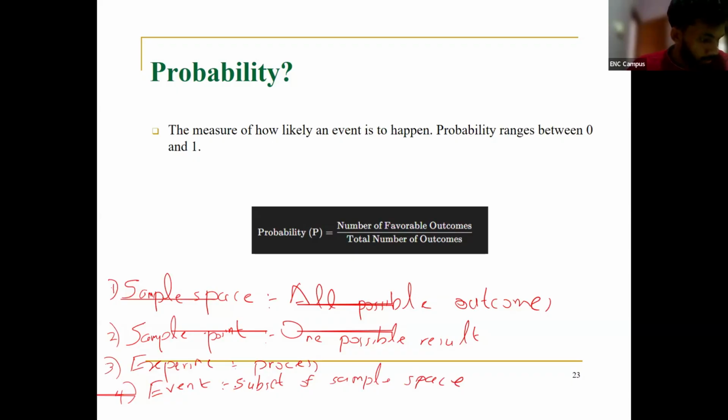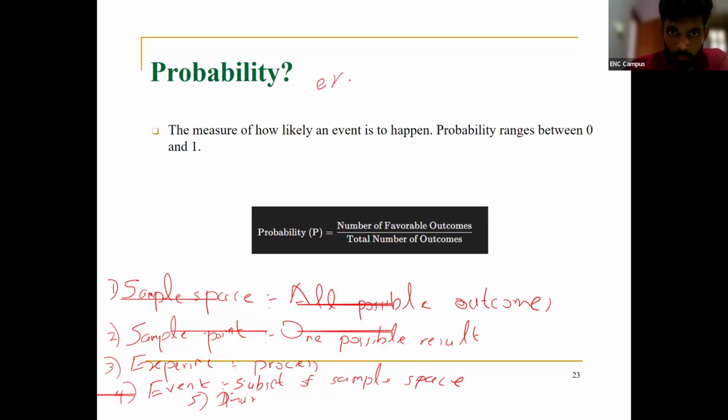The favorable outcome means our desired outcome. So: sample space, sample point, experiment, event, favorable outcome. Let's take an example.